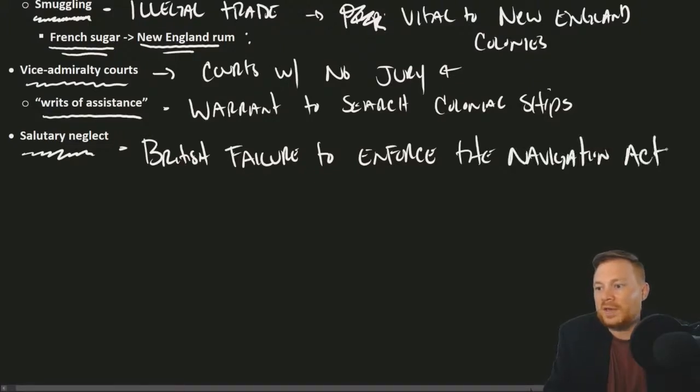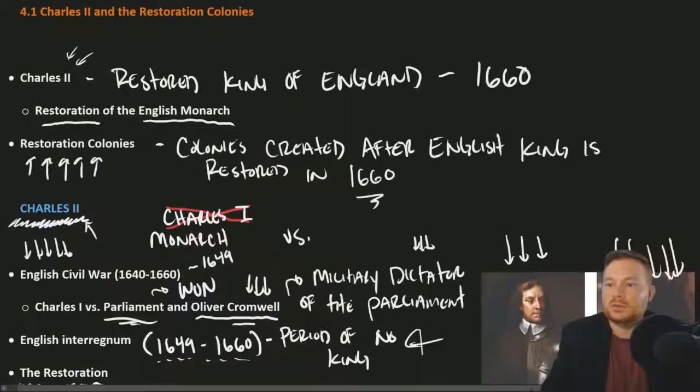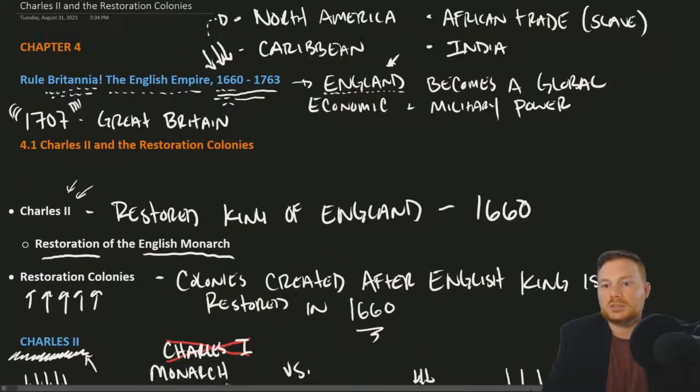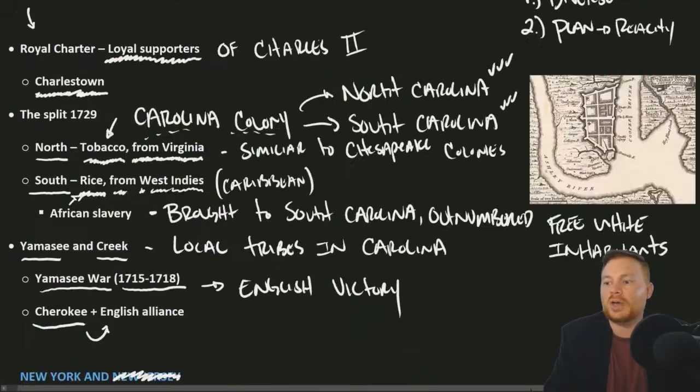In fact, when it really came to enforcing these acts, the British were more focused on the colonies in the Caribbean, because it was the Caribbean colonies that made the most money. The North American colonies weren't really focused on all that much.